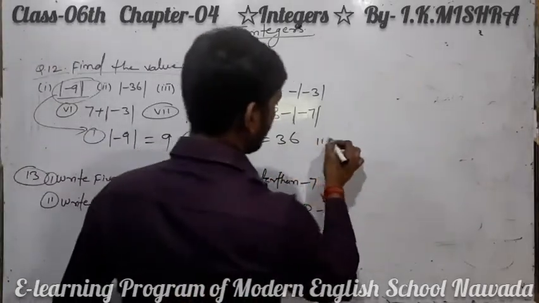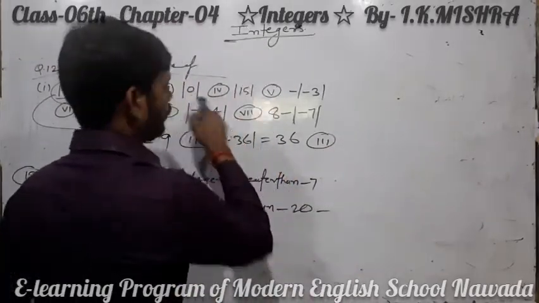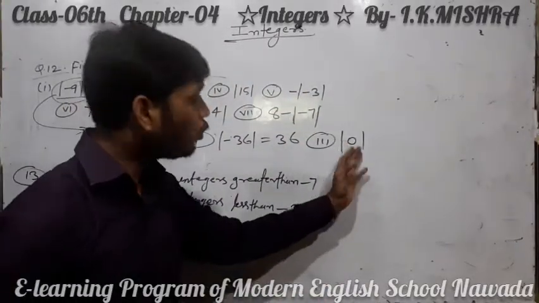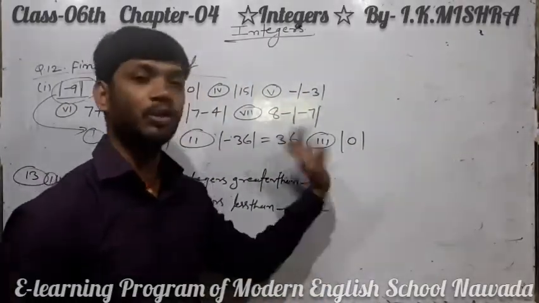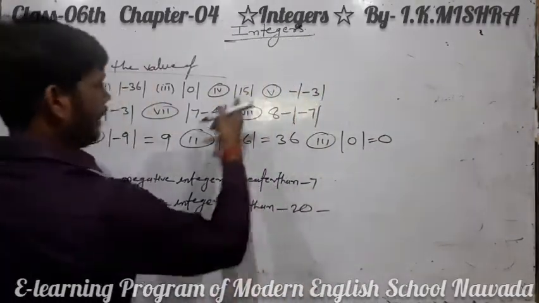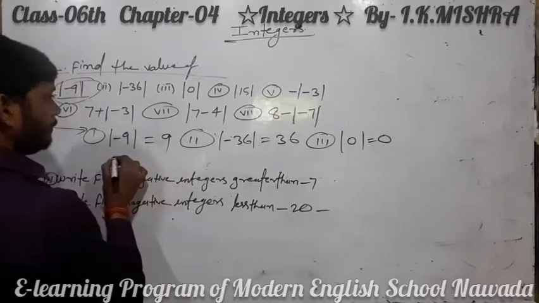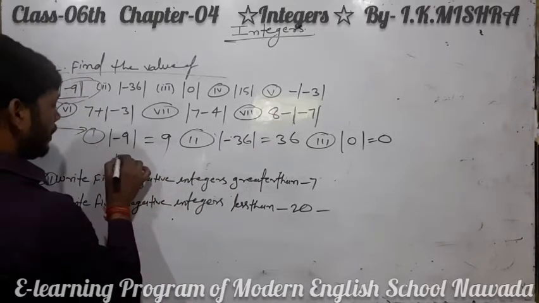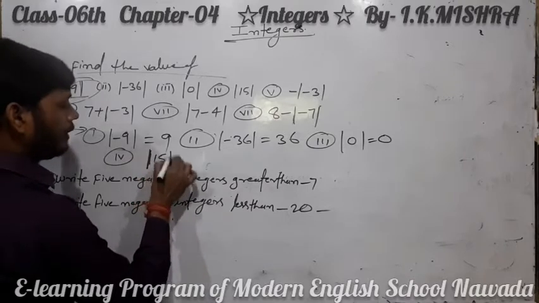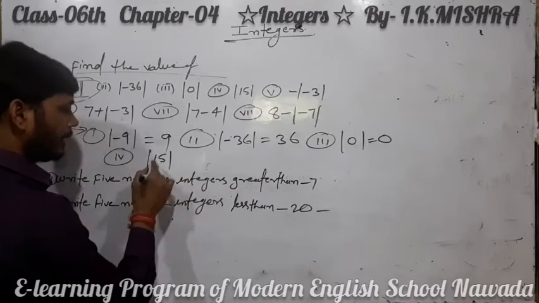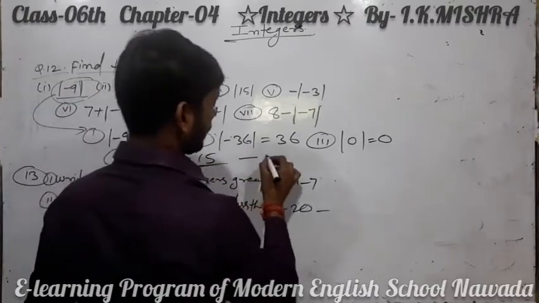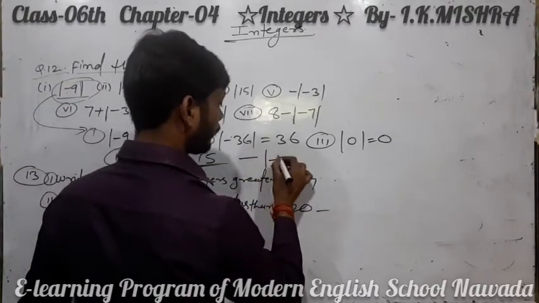In the third question, mod 0, the absolute value of 0, that means you can also call 0 its absolute value, is equal to 0. In the fourth question, modulus 15 is equal to 15, and then minus 13.